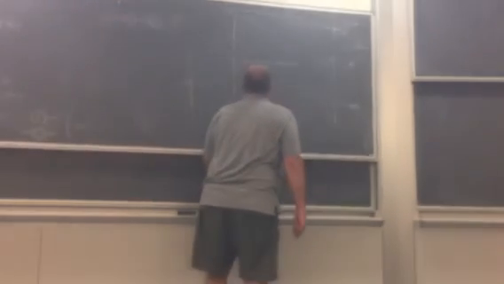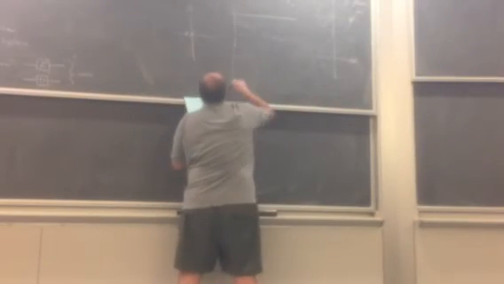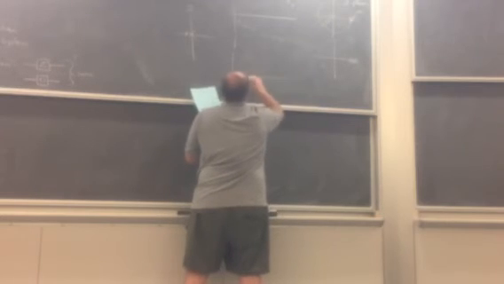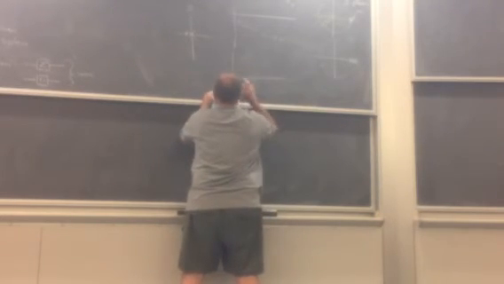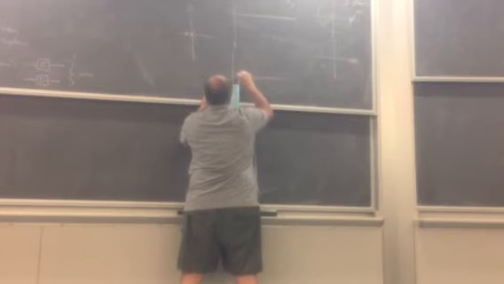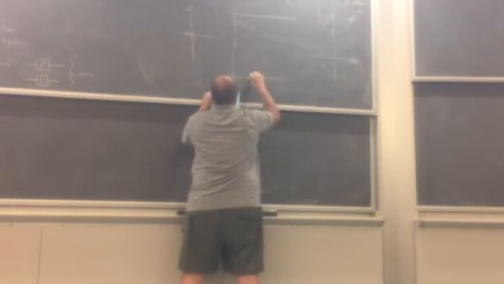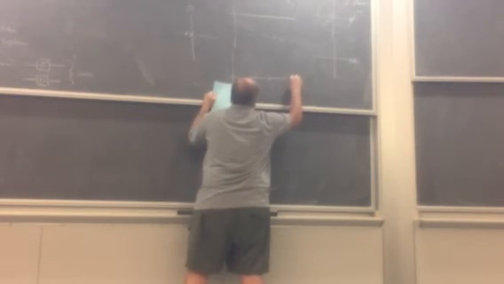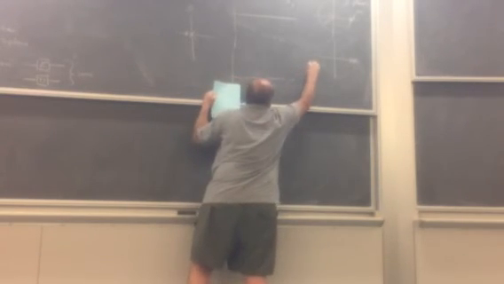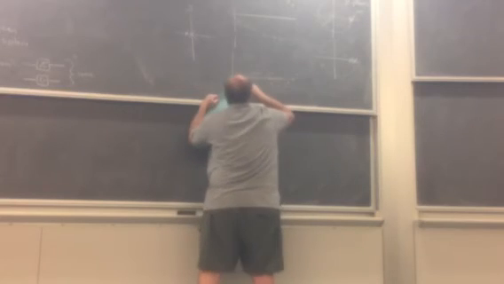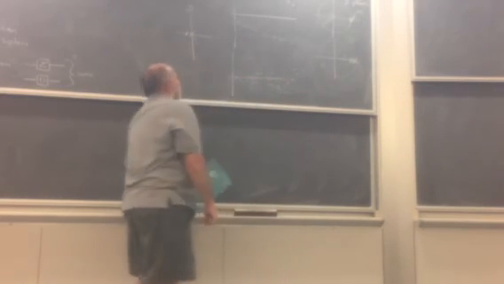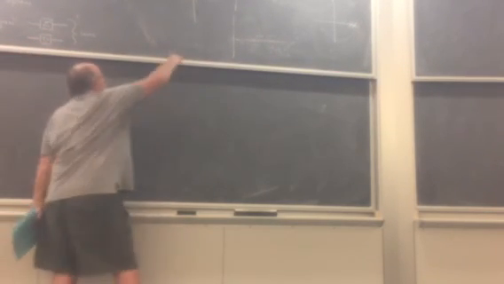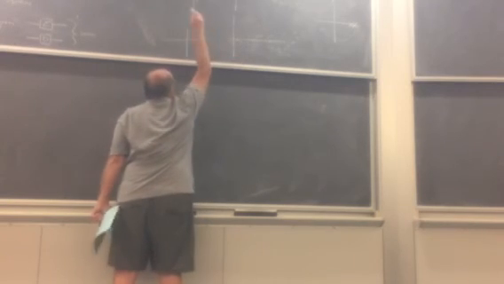The next one is, okay, this is going to be a hard one for me to draw and get it right. So if we had a signal like that, where would the poles be in the S-plane?